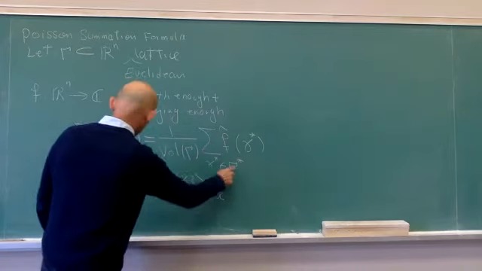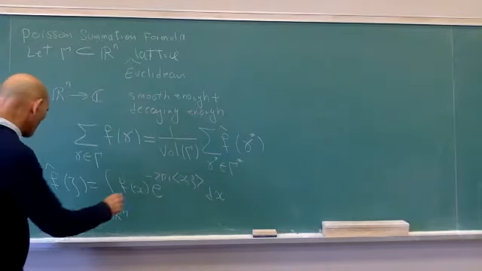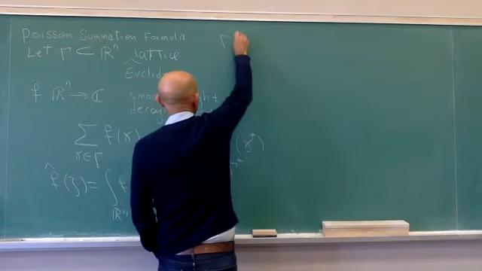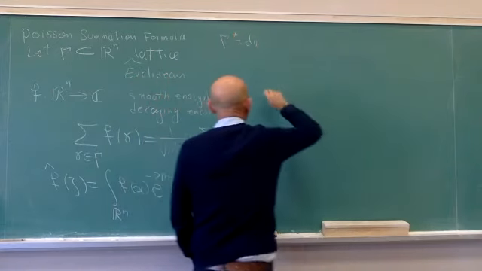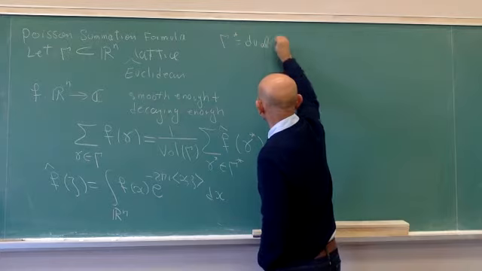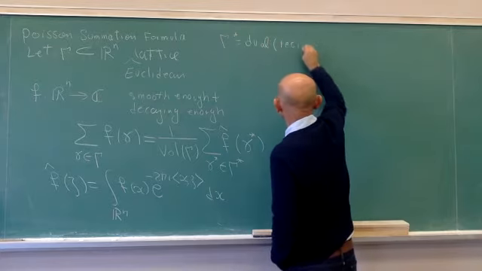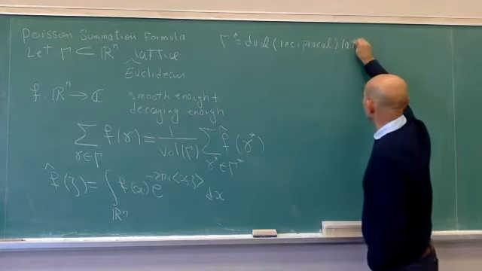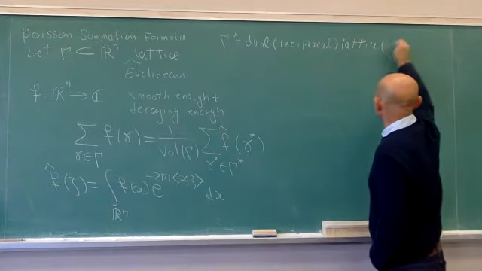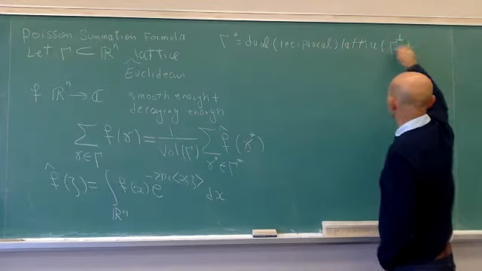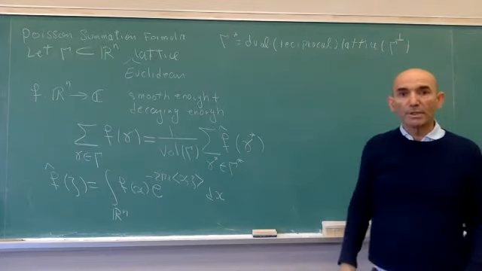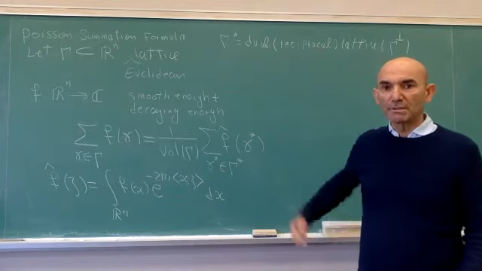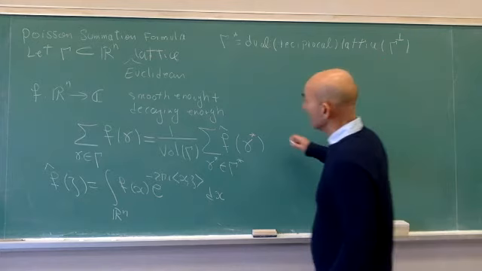Now, what is this Gamma star? We have also seen this before. This Gamma star is the dual lattice. Physicists call it the reciprocal lattice. Sometimes this orthogonal notation is also used in the physics literature, condensed matter, solid state, stuff like that. So what is that?